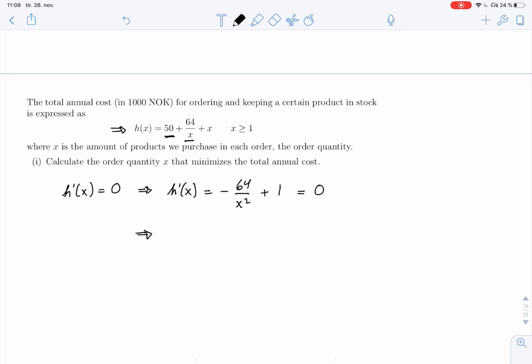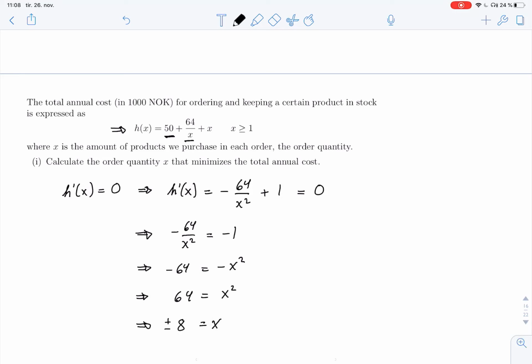So I can put 1 to the other side, multiply with x squared, and multiply with minus 1, and then I get plus minus 8.